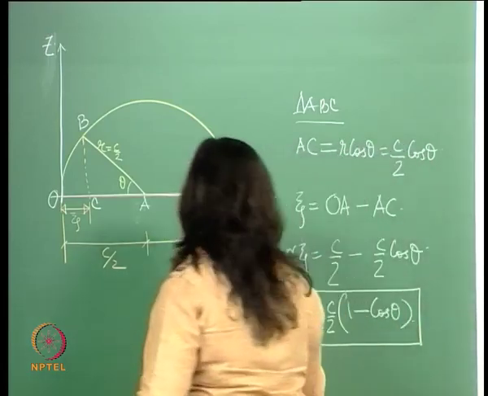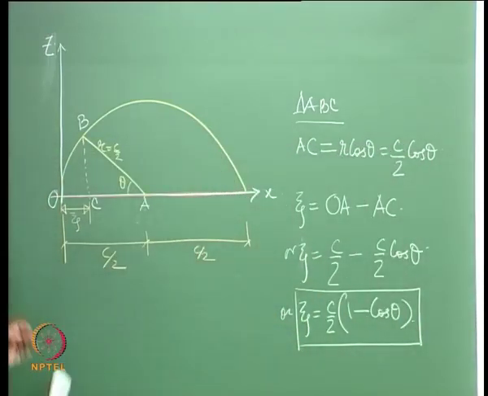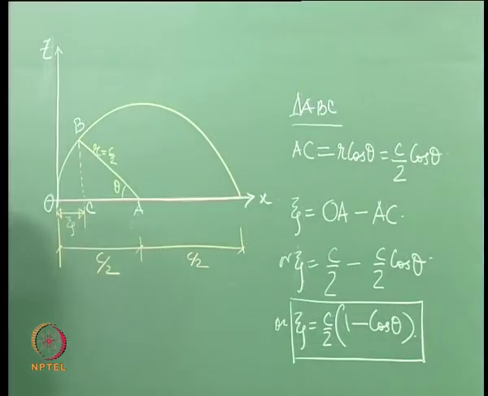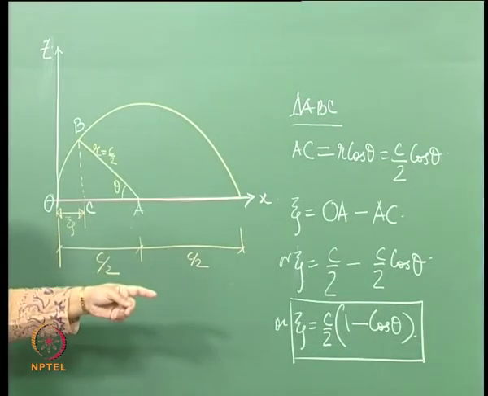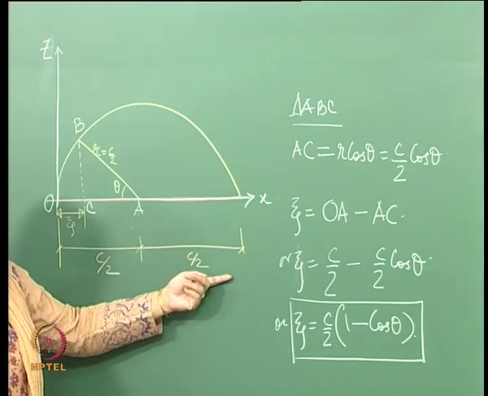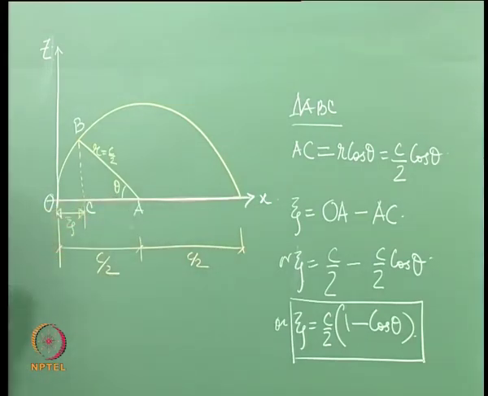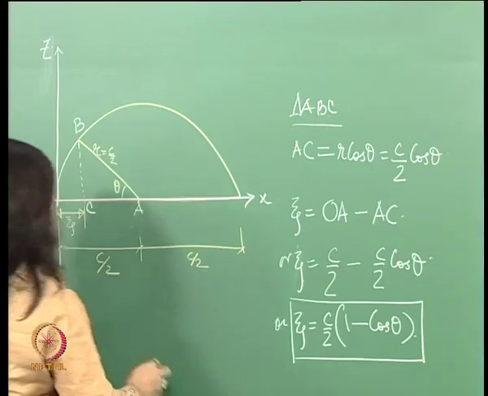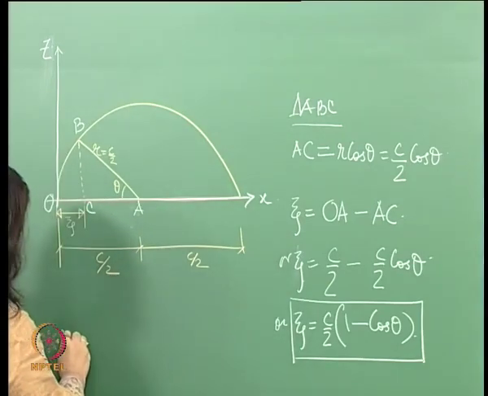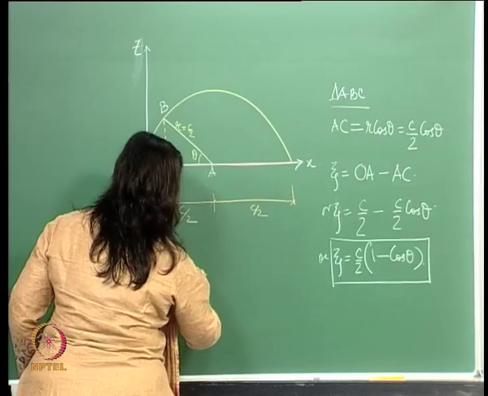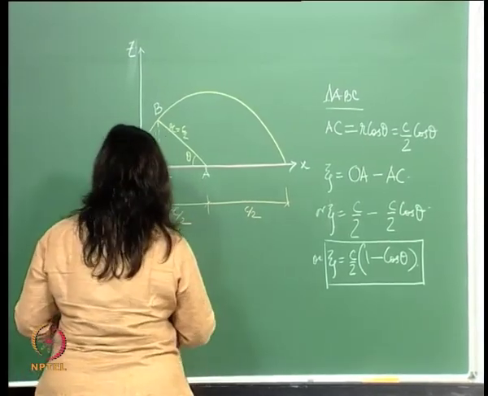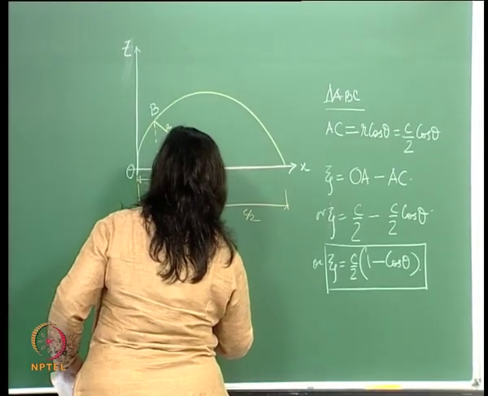So this is the relationship: the z coordinate written in terms of the chord length and this angle. Therefore, from here, dz would be what?